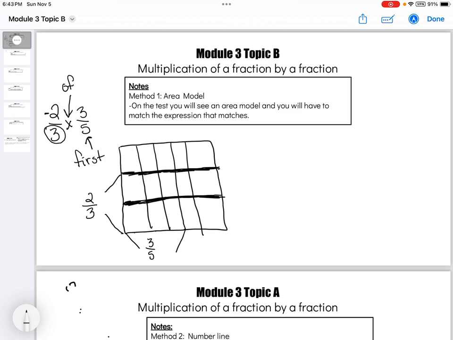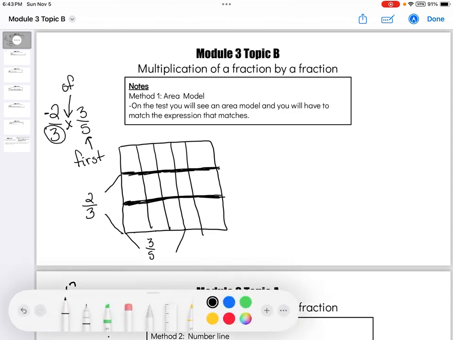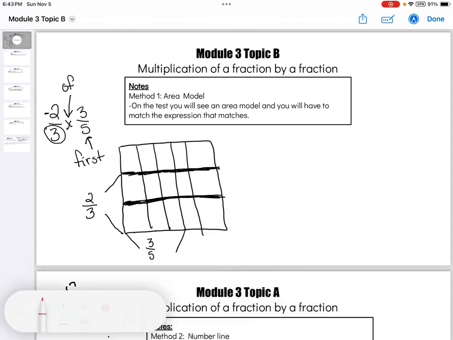So when we use an area model to multiply fractions, what we're looking at is what boxes fall inside of both the 2/3 and the 3/5. We compare it to using a multiplication table.